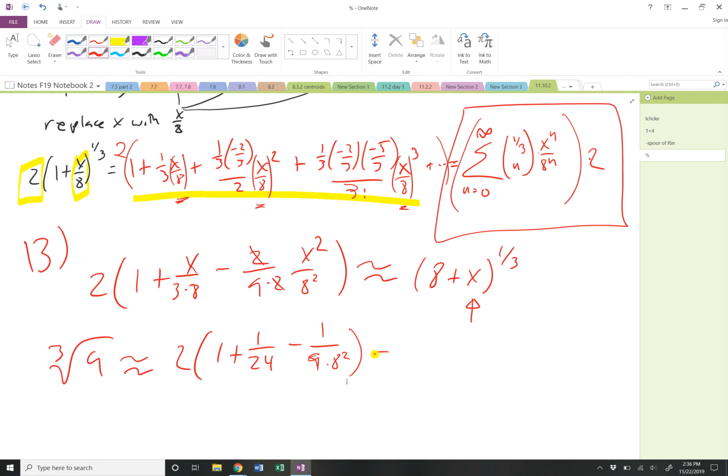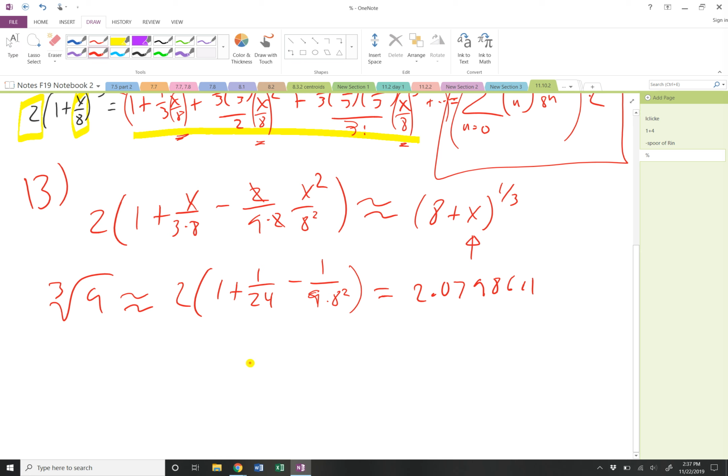I have it in my notes. I plugged 1 in for x. So that's 2.0798 something, 6111.